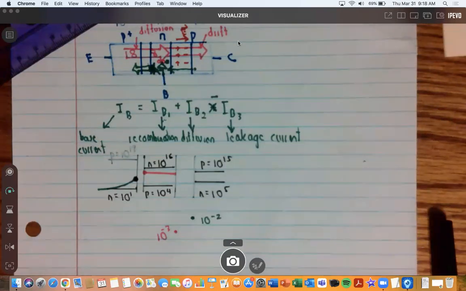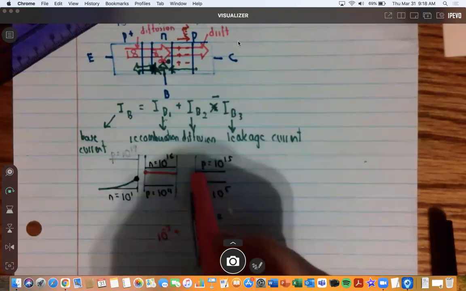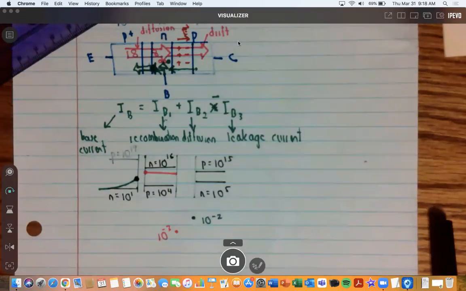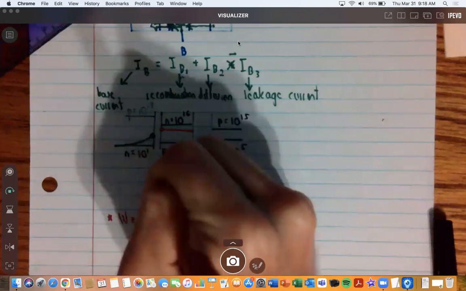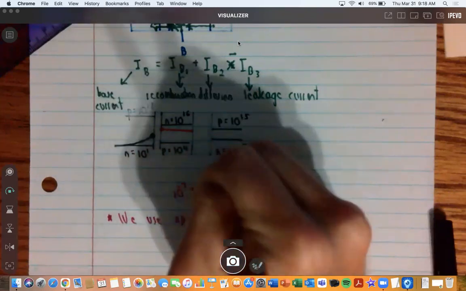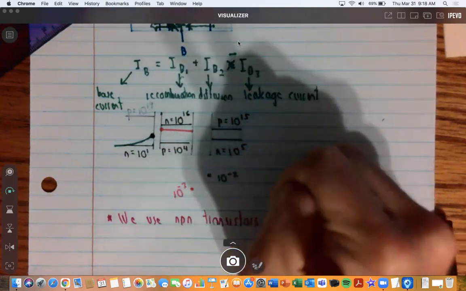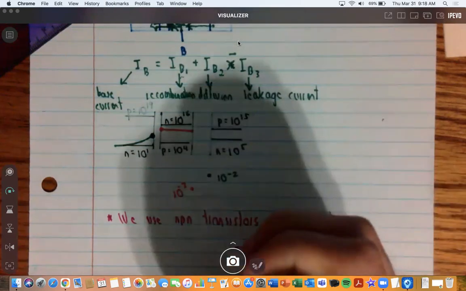But basically, if you have more forward bias, you're going to have more diffusion, so more of these holes can make it over to the collector terminal. One cool fact that's nice to know is that we use NPN transistors, and the reason we like using them is that electrons move faster.